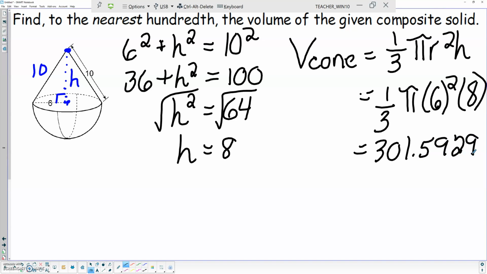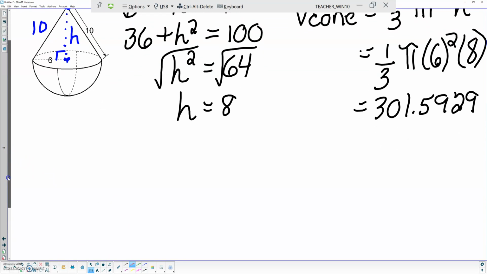Then we also want to find the volume of the hemisphere. A hemisphere is just half of a sphere.